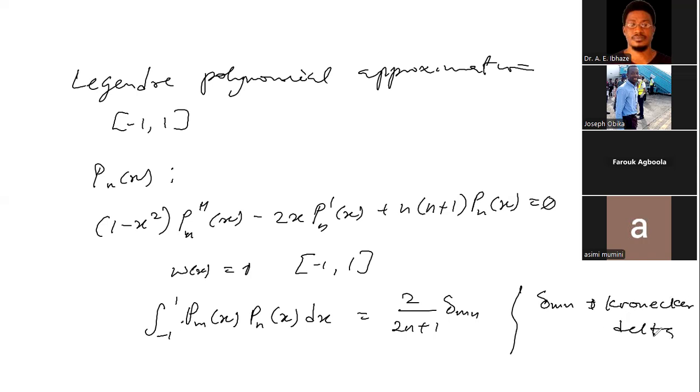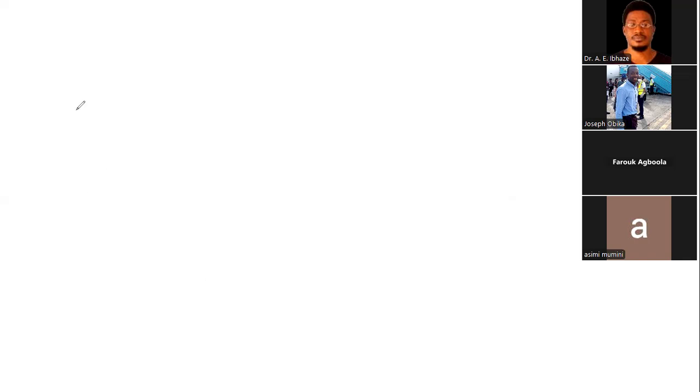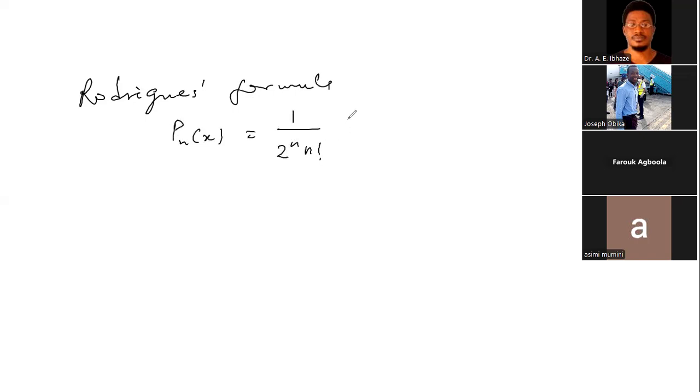Okay, so the Legendre polynomial can now be generated using the Rodrigues formula or the recurrence relation. So I'm going to put up the two. If we use the Rodrigues formula, we see that P n of x will be the same as 1 over 2 to the n, n factorial, times the n-th derivative with respect to x of (x squared minus 1) to the n.